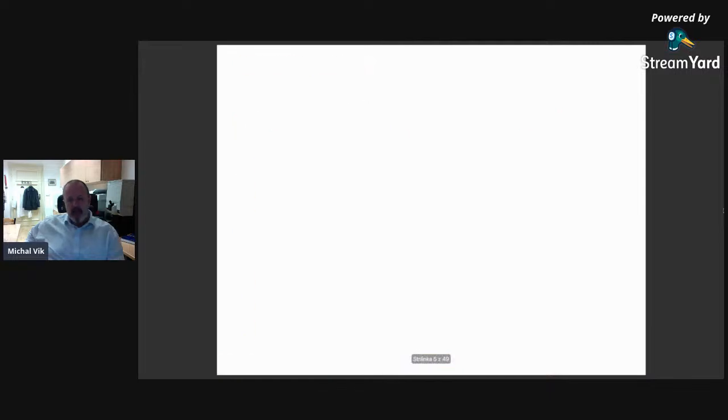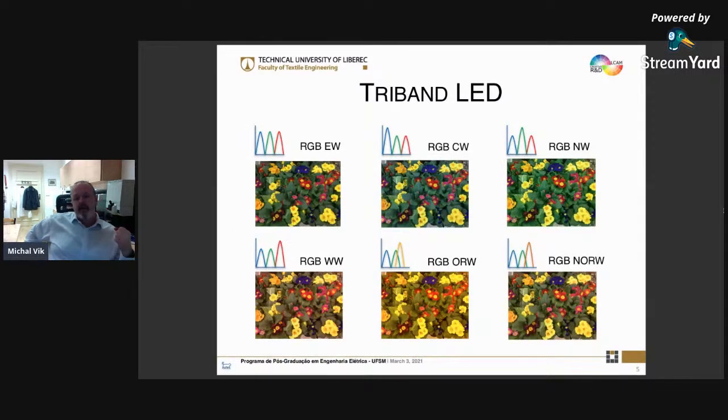If I think about the effect of different spectral power distribution, here is one simple example. If you're thinking, for example, about triplet LEDs, you can see that the same scene can appear completely different.